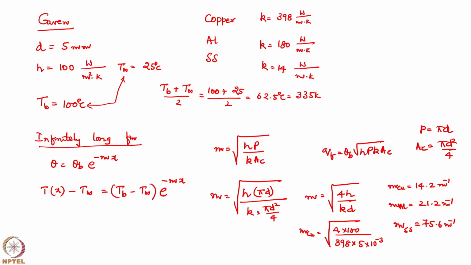So with this, can I now plot the temperature distribution with this m? Yes. I can compute T of x equal to 25 plus (Tb, which is 100, minus 25) into e to the power of minus m x, for example for copper, minus 14.2 into x.